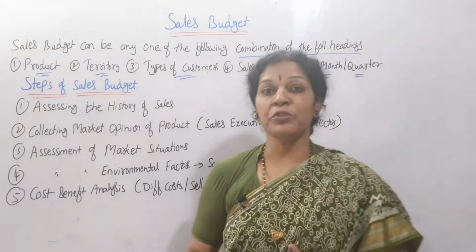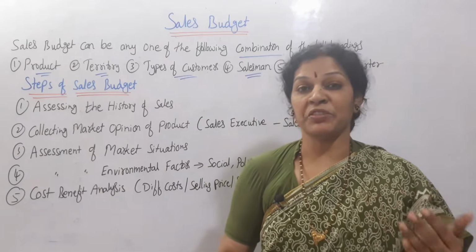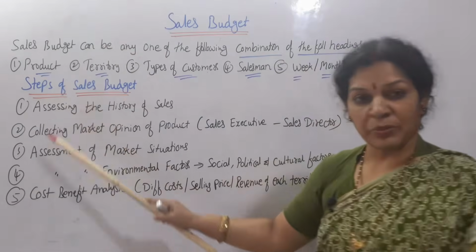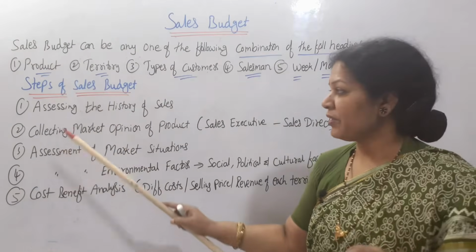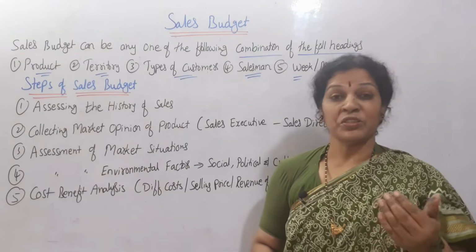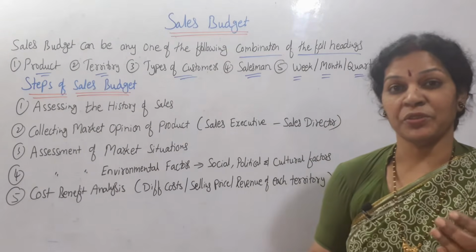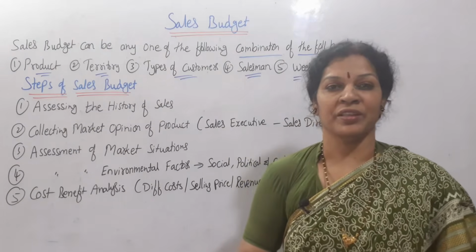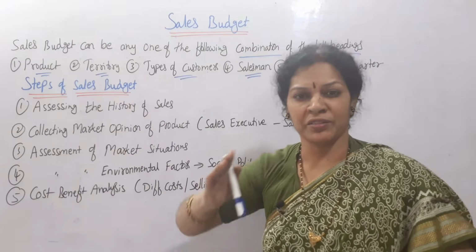There are a few very important steps for preparing this sales budget. Those are 5 steps. First is assessing the history of sales. You must know the history of the sales, like earlier how much profit we were getting, and we have to expect the same or more.